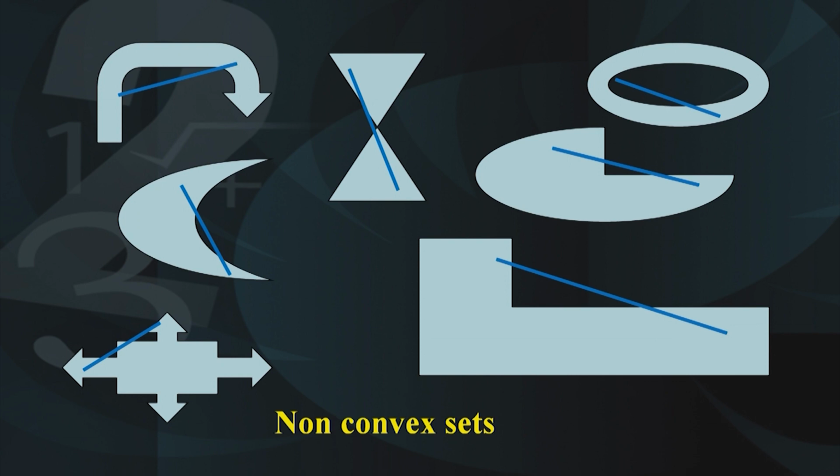On the other hand, let us look at these examples. These are all examples of non-convex sets. Now, what does this mean? It means that even if you can find just one single combination of any 2 points such that the line segment joining these 2 points does not belong to the set, then it is no longer a convex set.